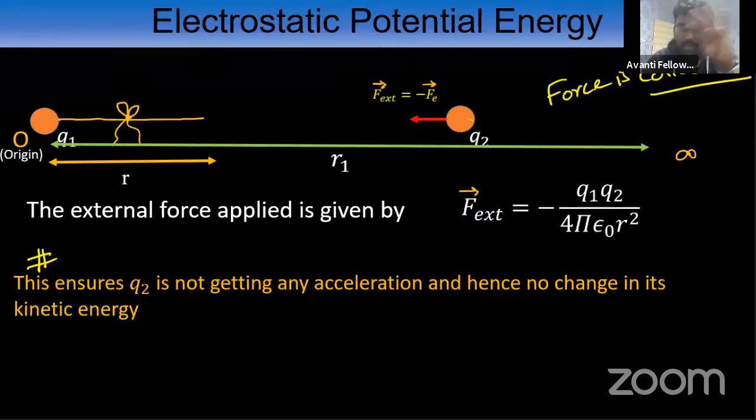We are applying the same amount of force. Okay, got it? This is a very important point to note. Please make a note of this. This ensures Q2 is not getting any acceleration, and hence there is no change in kinetic energy. Okay, got this? Dhanush, please reply if you have got this. Yes, others also.